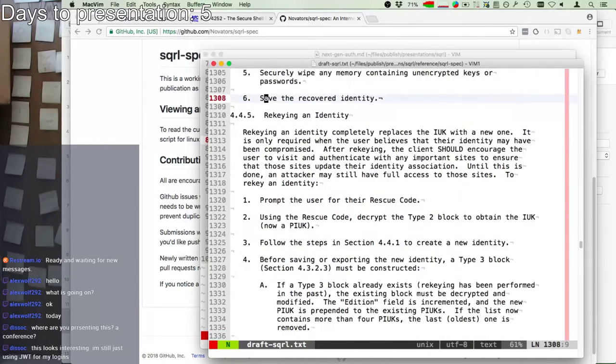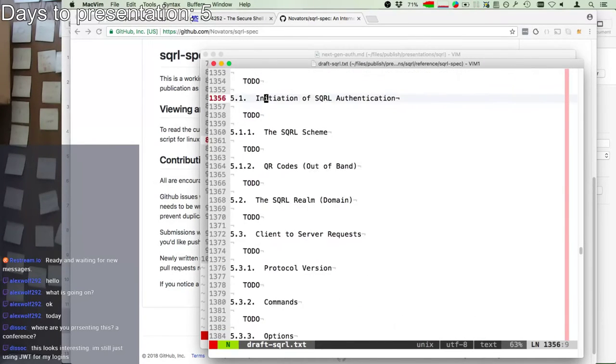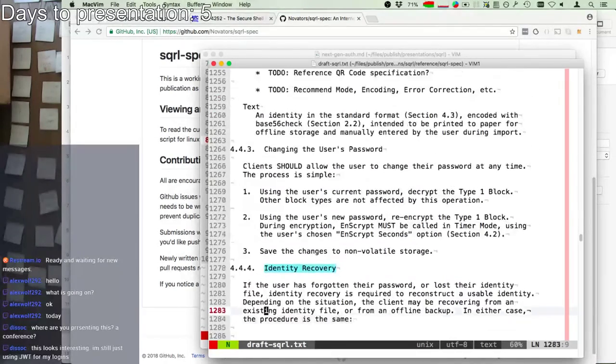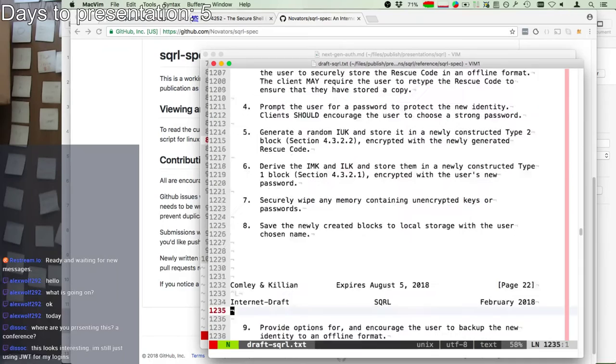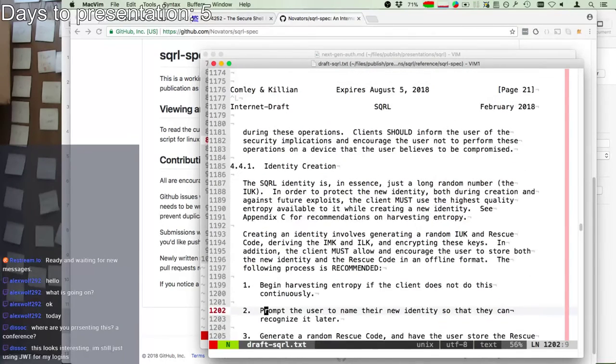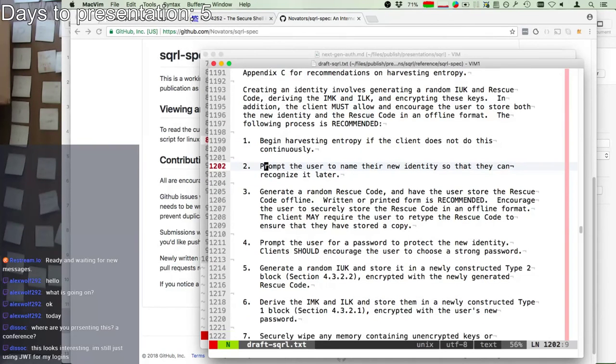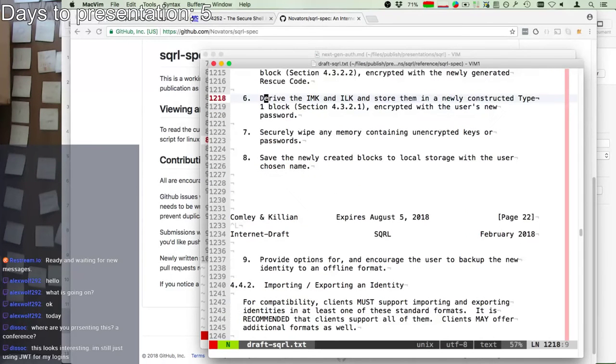It's rekeying. Yeah, that doesn't clearly... importing, exporting. Then deletion. Right, encourage the user to back up the new identity in offline format. Okay, so they are basically storing the file and the rescue code in an offline format.